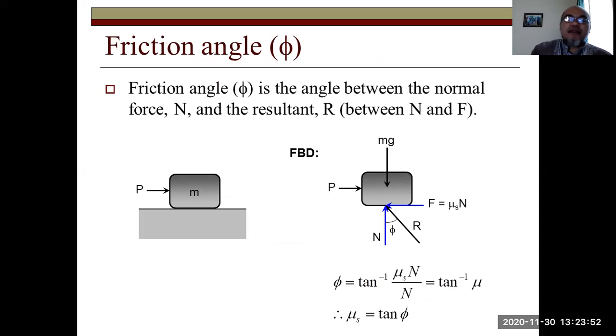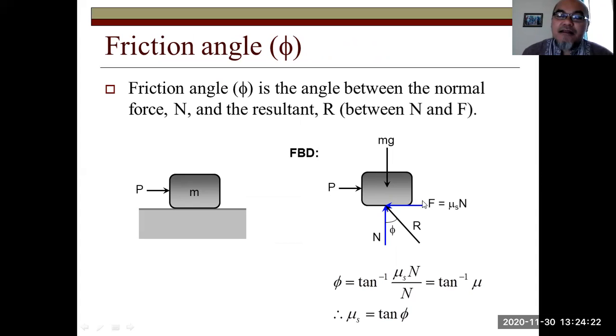So the friction angle phi is the angle between the normal force and the resultant R of that normal force and the friction. When we push an object with force P, for example, the object itself has a weight of mg. Then a normal force acts on the object at the surface, usually equal to mg, because this is the reaction force from the surface.